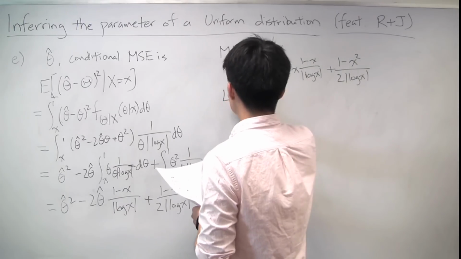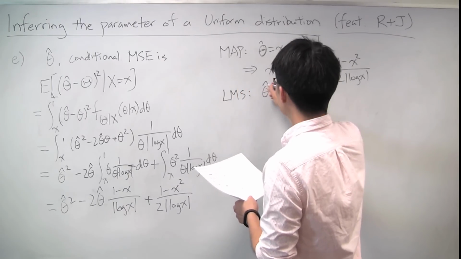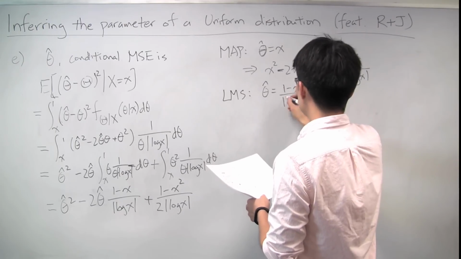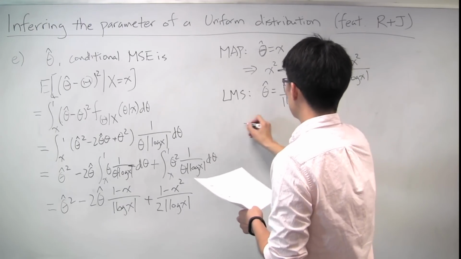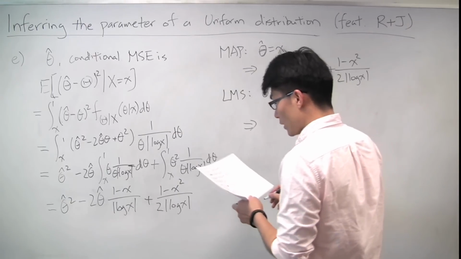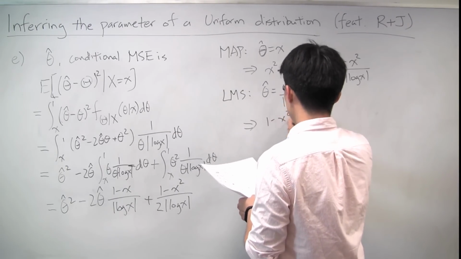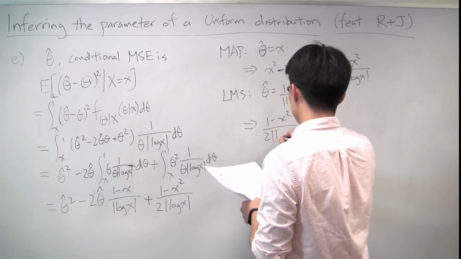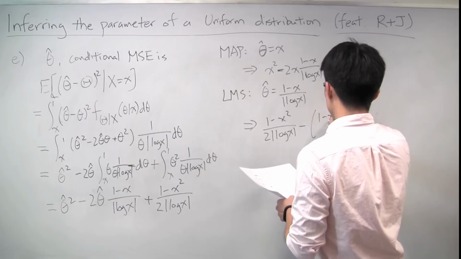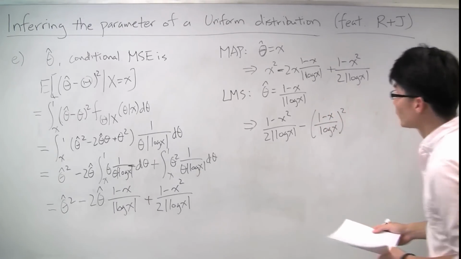And for the LMS estimate, remember theta hat was 1 minus x over absolute value of log x. And so when you plug this particular theta hat into this formula, what you get is that the conditional mean squared error is equal to 1 minus x squared over 2 times absolute value of log of x minus the quantity 1 minus x over log of x, squared.